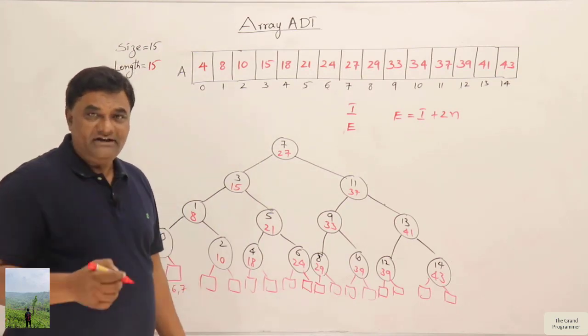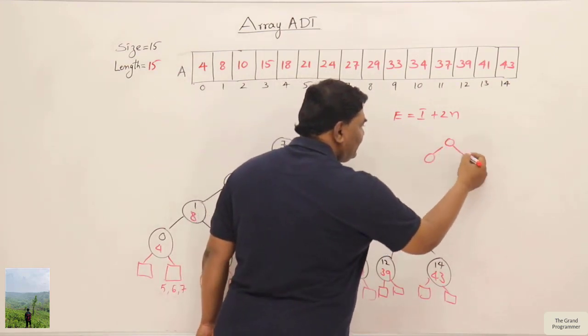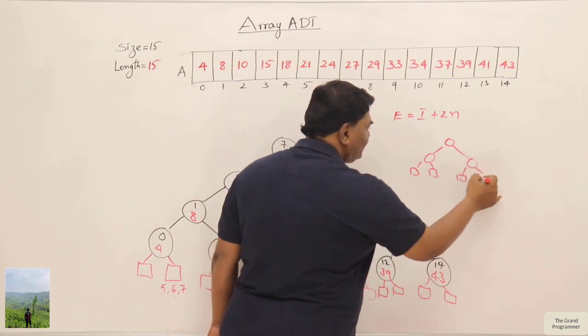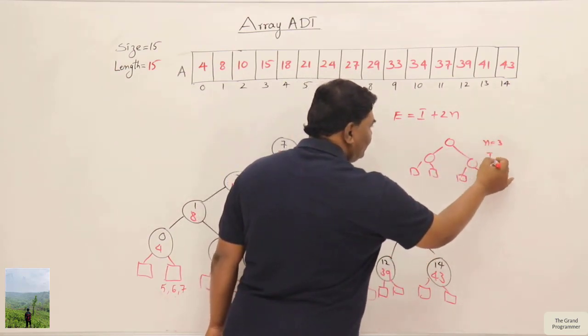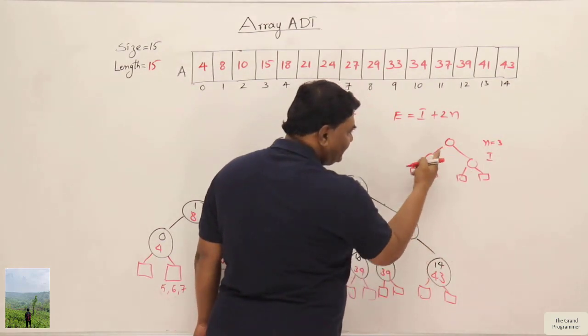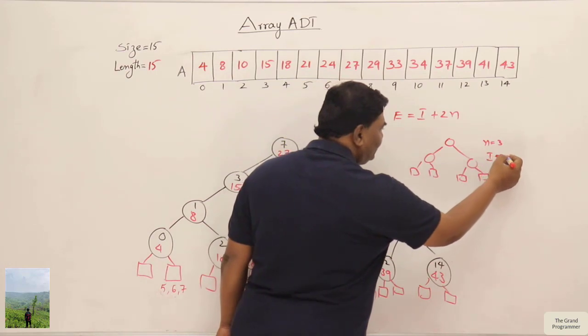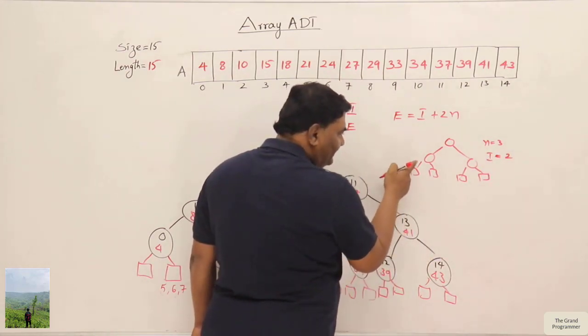A small example I will take and show you. Suppose there are 3 internal nodes. So definitely there will be 4 external nodes. Now the number of nodes is 3. Now the sum of the paths of internal nodes. See, the path of this one is 1. The path of this one is 1. So total path is 2. Then for the external nodes, for this the path is 2.